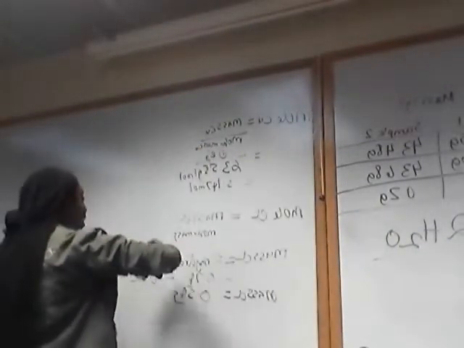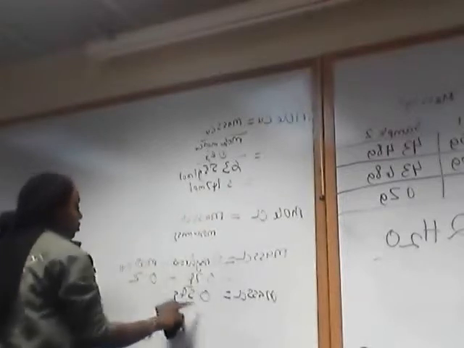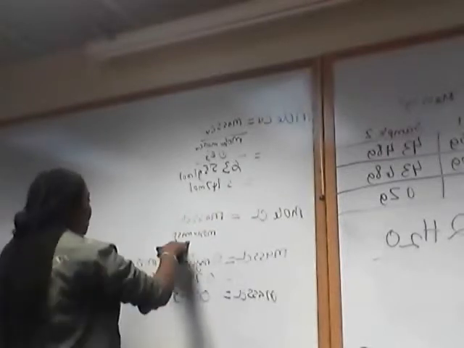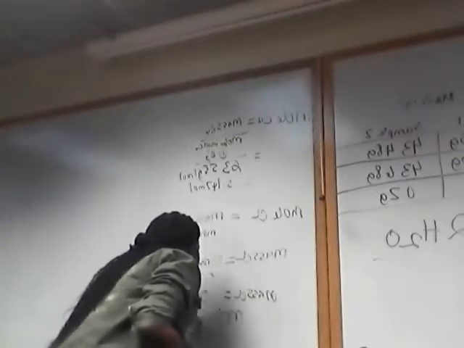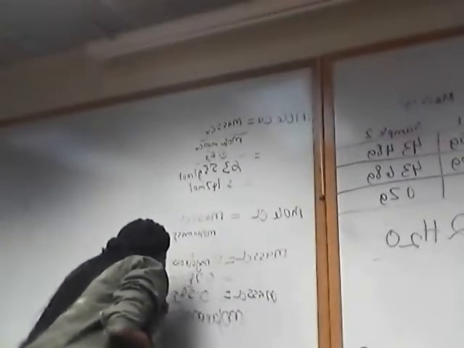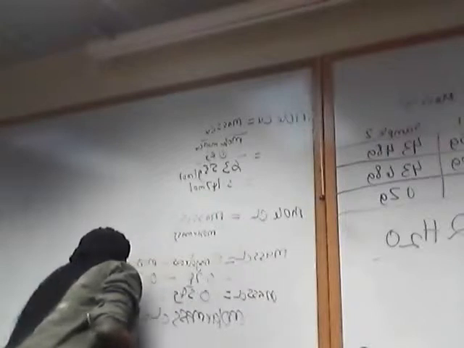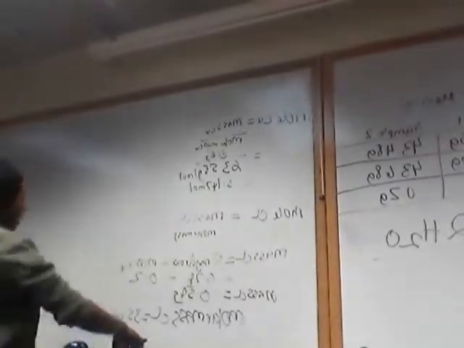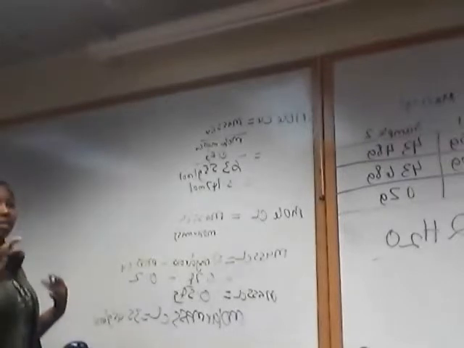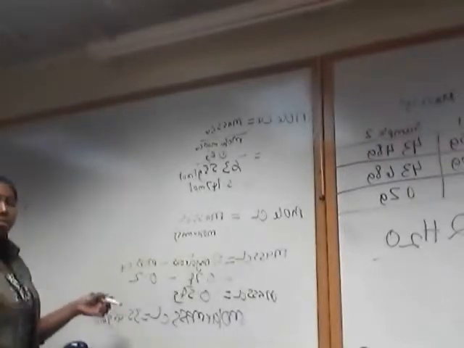For chlorine, we have to divide the mass, which we just got, 0.54 grams, over the molar mass. The molar mass of chlorine is 35.45 grams per mole. I feel every chemistry student should have this at the back of their mind, because you will definitely work with the molar mass of chlorine.